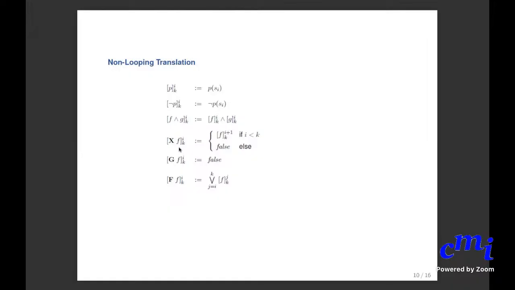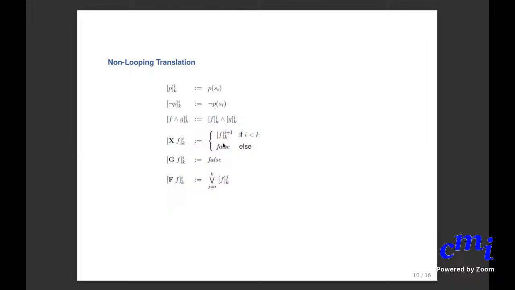So let's start with the interesting cases, the temporal cases. If you have a formula where the topmost temporal operator is X and the subformula F is an arbitrary LTL formula, to translate the check of whether the infinite path starting with the suffix I satisfies this, by looking at only a K-long prefix, is as follows.